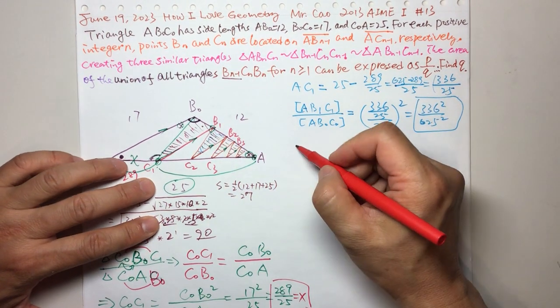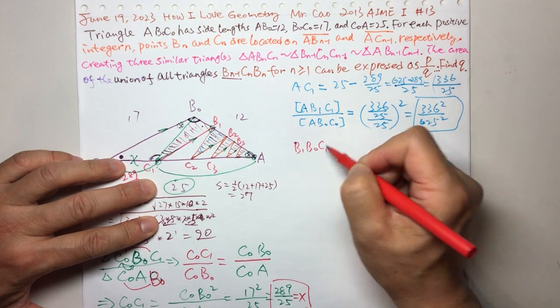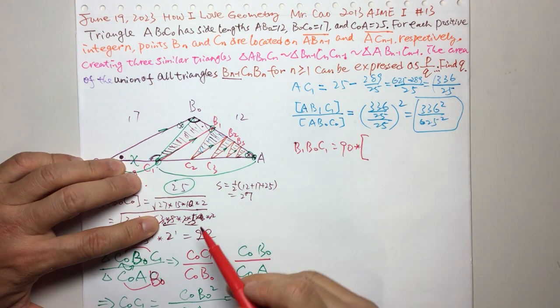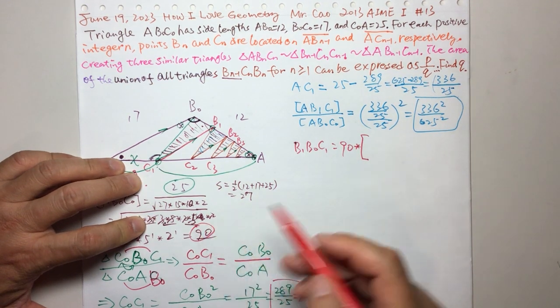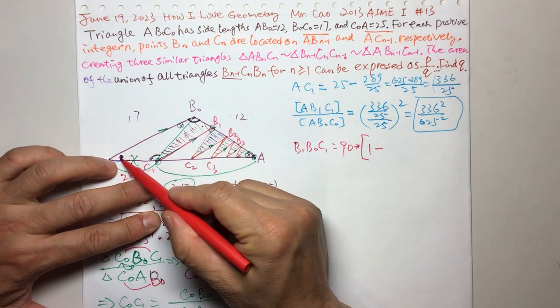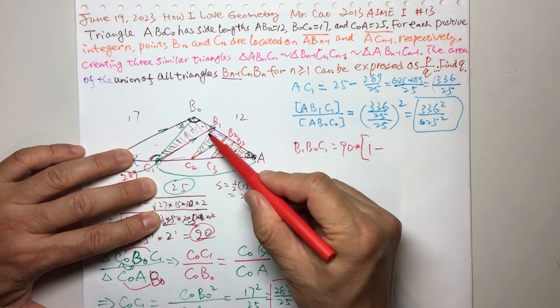The first is B1, B0, C1 equals total 90, right? We got 90 here, and we use 1 minus the ratio of this part and the ratio of this part.